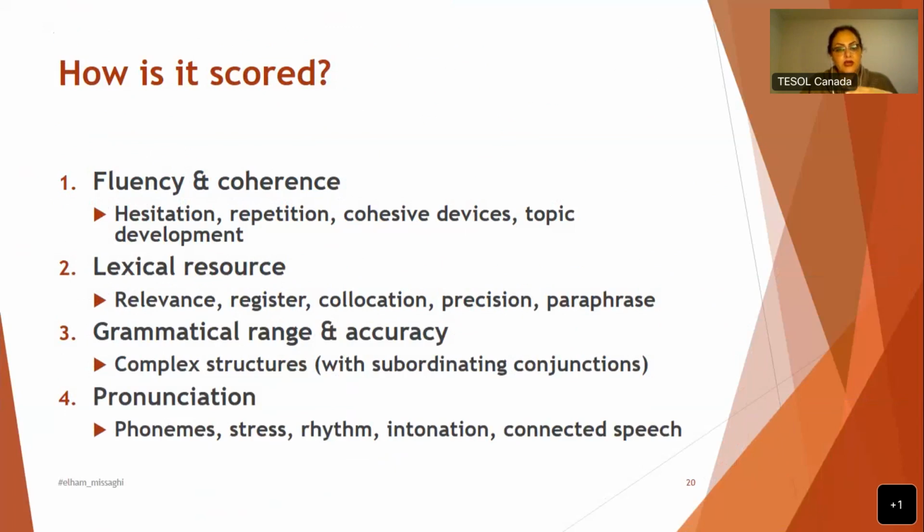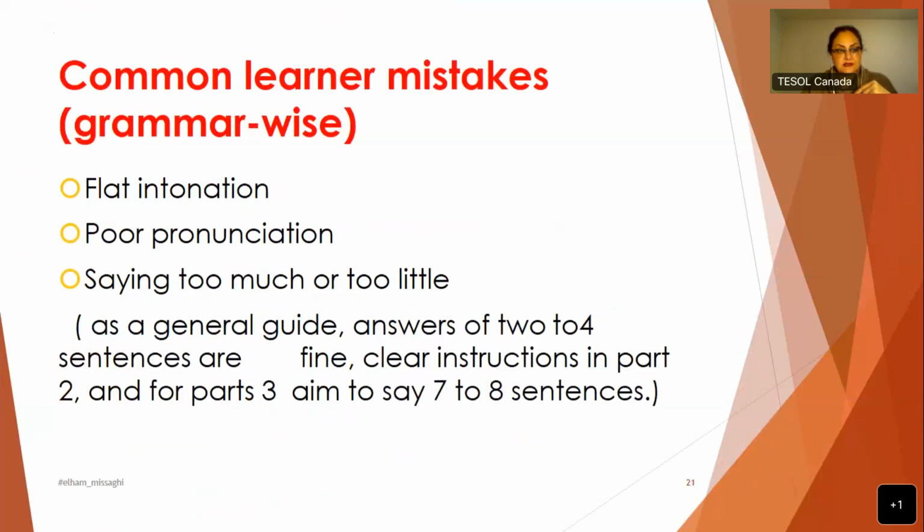Grammatical range and accuracy, complex structures with subordinating, 25%, and pronunciation, 25%. Pronounce it correctly, stress of the words, and rhythm, intonation, connected speech, and also stress of the sentence.